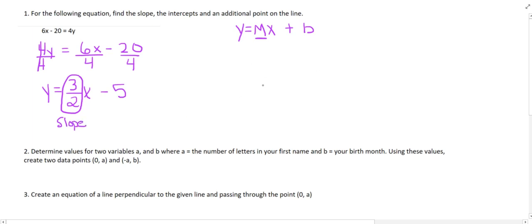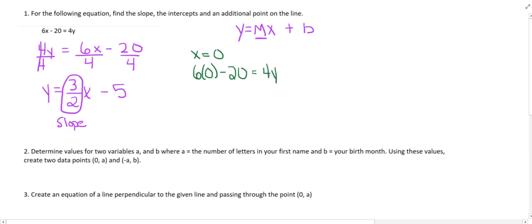Okay, the next thing I want to do is find the intercepts. To find the intercepts, I'm going to plug 0 in for the x and the y one at a time. The first thing I'm going to do is plug 0 in for my x value, so x equals 0. I'm going to plug that into the original equation here. So 6 times 0 minus 20 equals 4y.